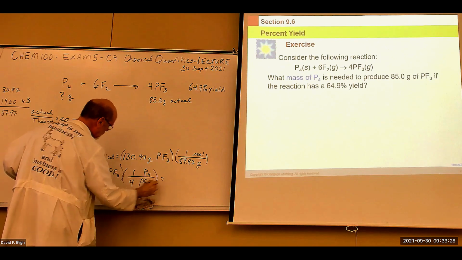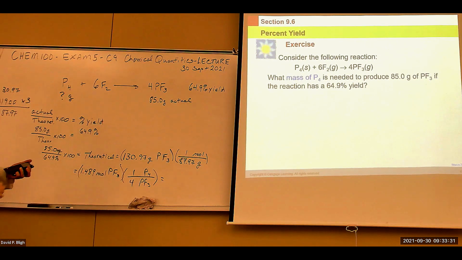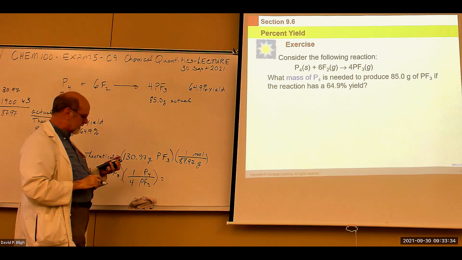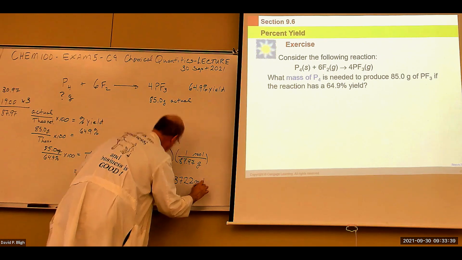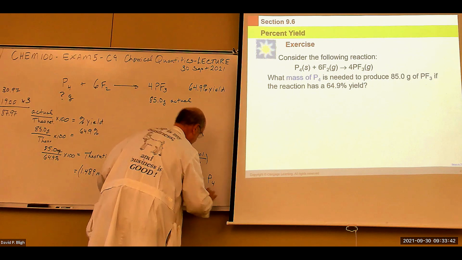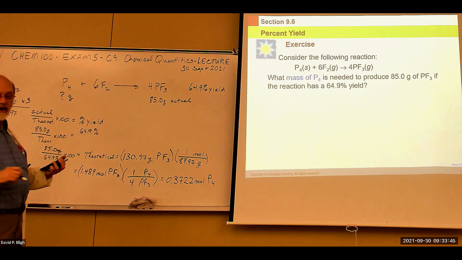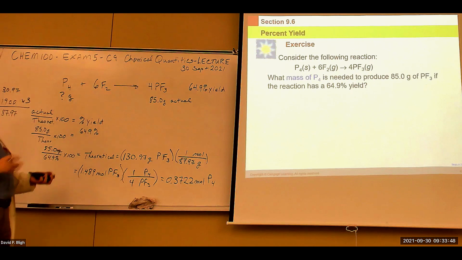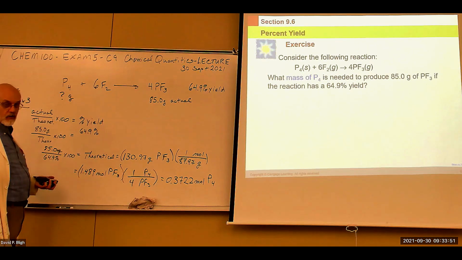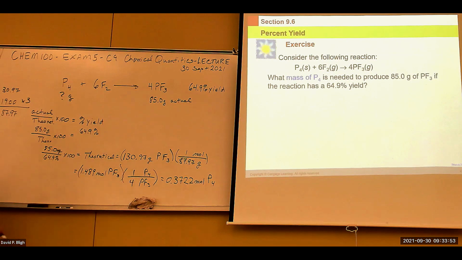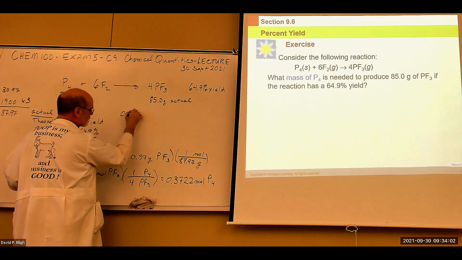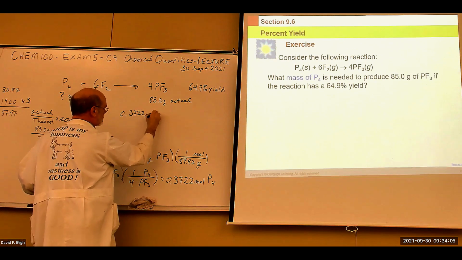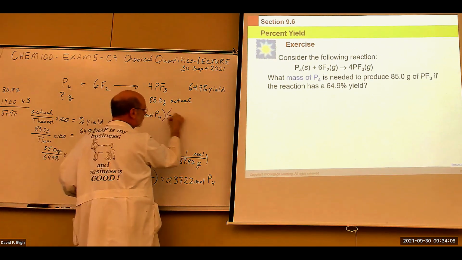So we divide that number by 4 and we get 0.3722 moles of P4. Now that we know how many moles we need to start with, we just convert it to grams. So what was phosphorus again? 30.97 times 4.